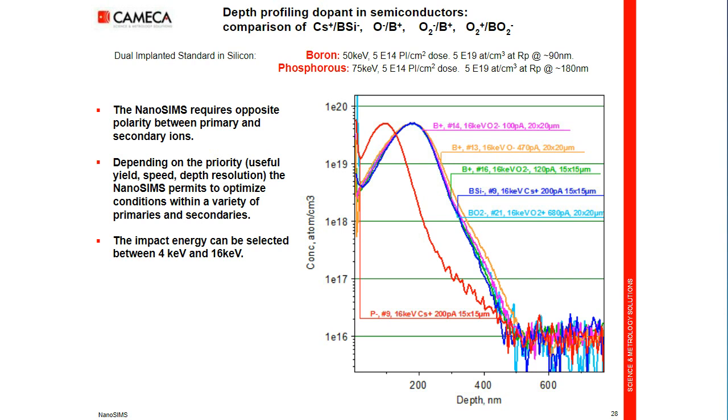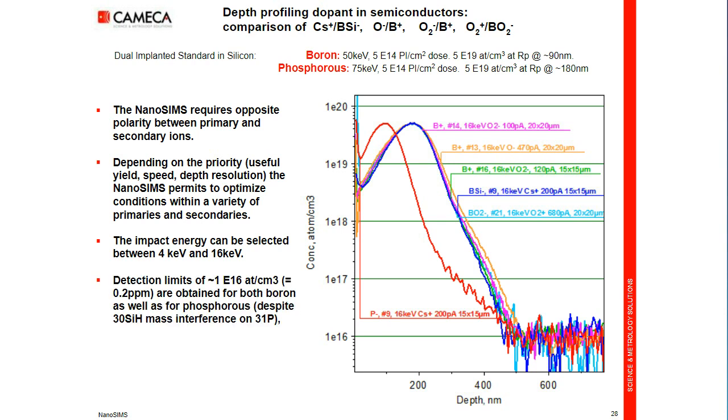And from the superimposition of the curves, one can see that the detection limit doesn't vary much. In this example, around 1E16 atoms per cubic centimeter, so 0.2 ppm detection limit for both boron and phosphorus. While we see this, we can mention that all the NanoSIMS data are recorded at high mass resolution.